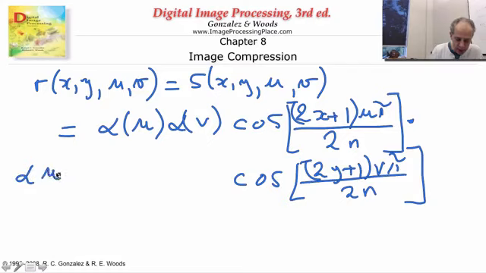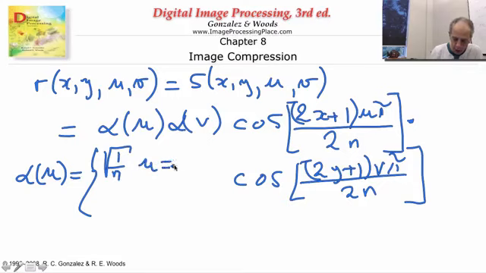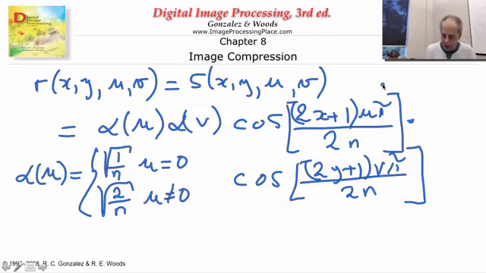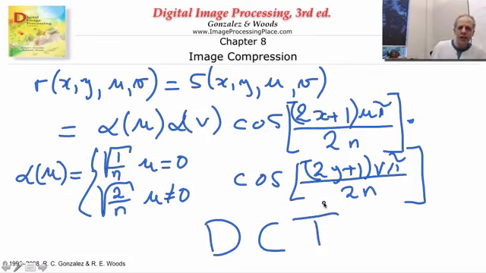And I have to basically write for you what alpha is. It's just a normalization. It's very common in this type of transforms. That's the square root of 1 over n for u equals 0, and the square root of 2 over n for u different than 0. So here it is. I just gave you the formulas for the DCT, or the discrete cosine transform. Those that are familiar with Fourier, this is basically the real part of a Fourier transform.